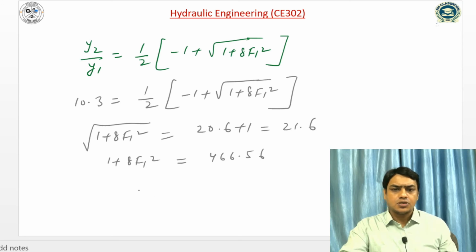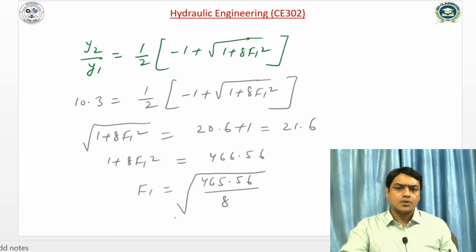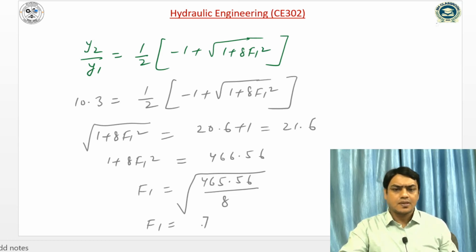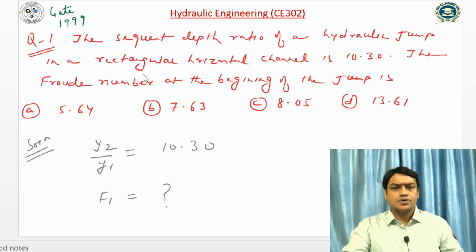So F1 is equal to square root of 465.56 divided by 8. So it will be 7.63. So option B is correct.